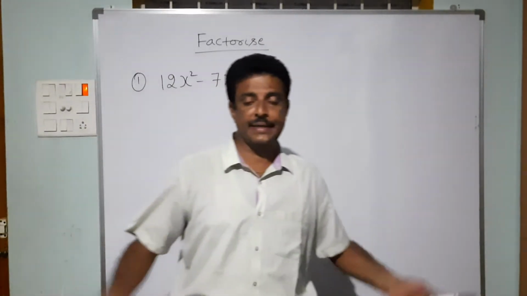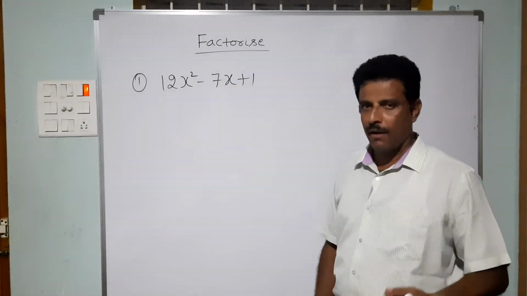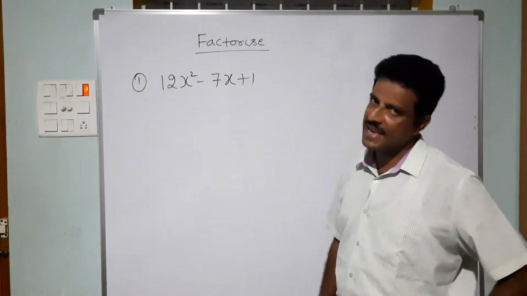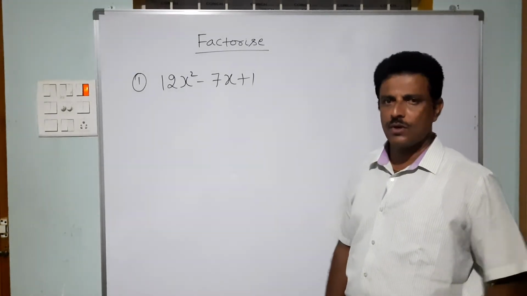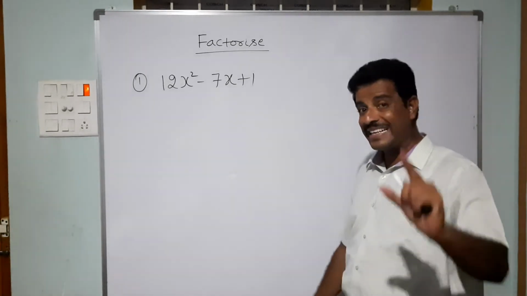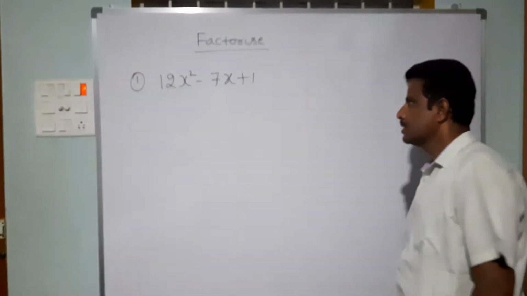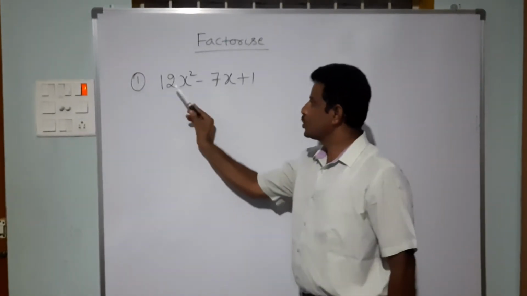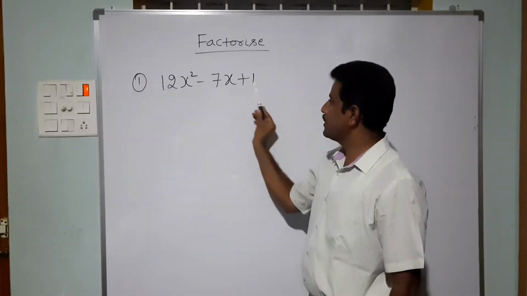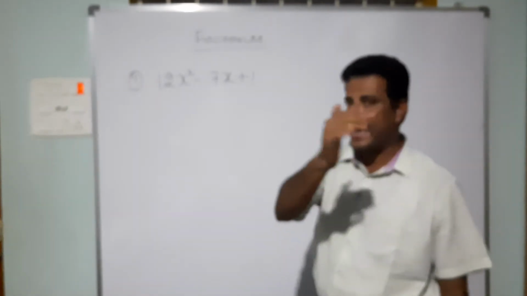Third main is completed. Next, what is the fourth main? Factorize. Already you learnt in previous class, A standard. Factorize. So to factorize, some conditions are there. So how do you find out the factorization? First, you see here 12, minus 7, 1 are the numbers. This equation involves the variable x.